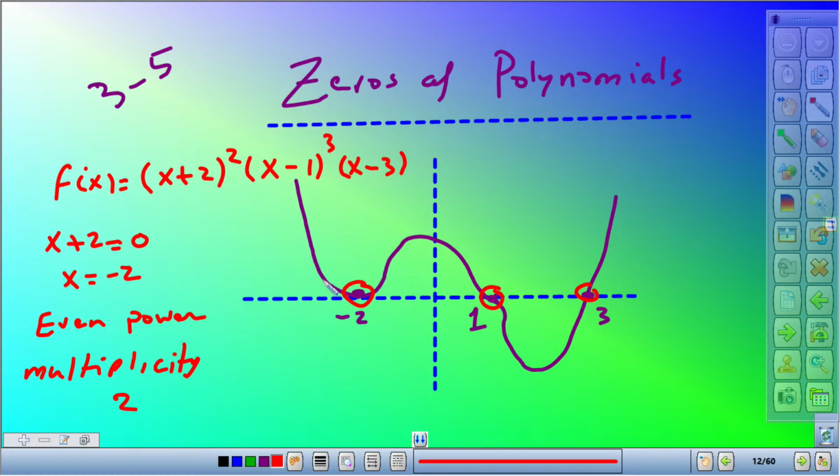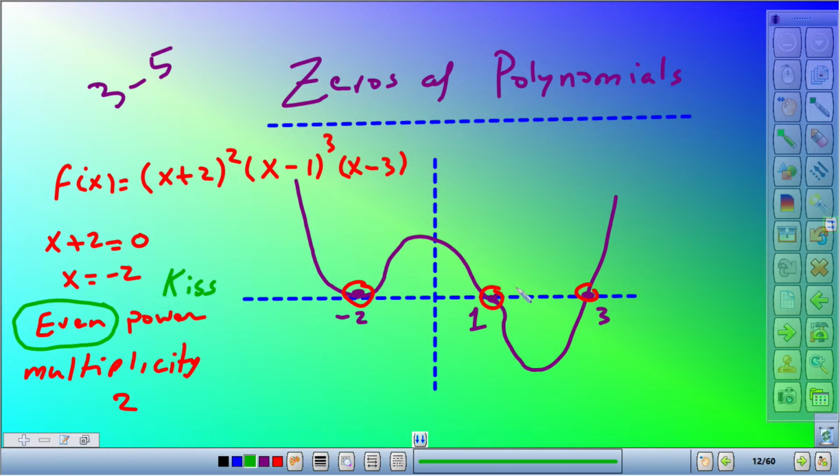You're just barely going to come and touch and leave. They call it kissing the axis and leaving. You're not going to go through it because of the even power. Keep that in mind. Even power, you don't go through the axis. You just leave. Just to remind you, write the word kiss.